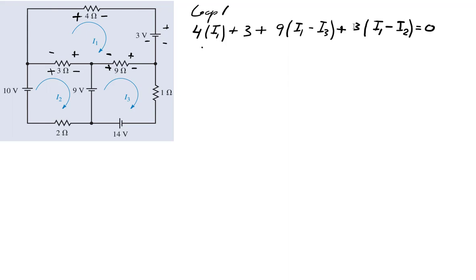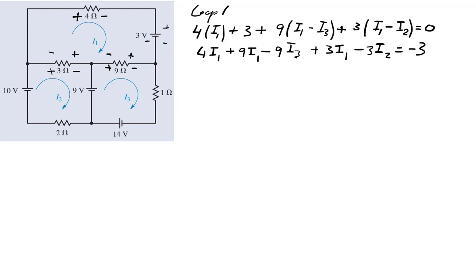If we rearrange, that is 4I1 plus 9I1 minus 9I3 plus 3I1 minus 3I2 equal minus 3.